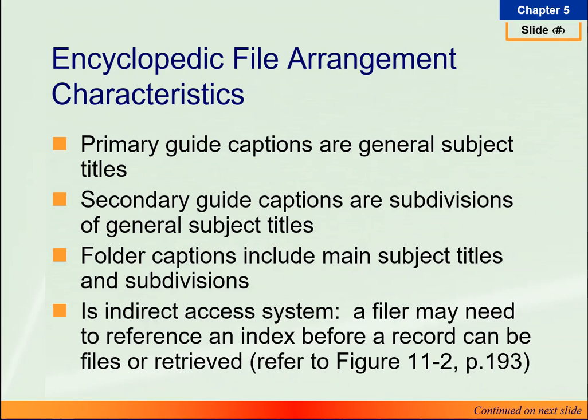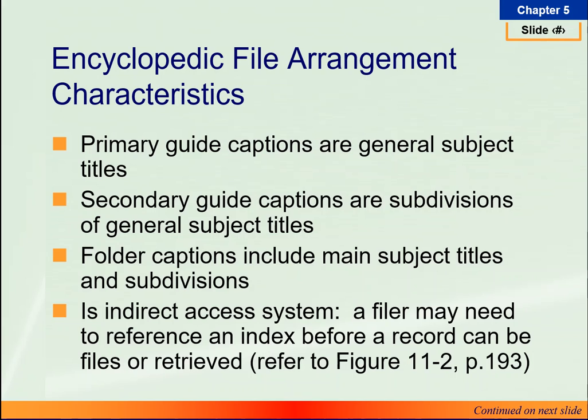So what are the characteristics of this one? Primary guide captions are general subject titles. The primary guide is the black one. The secondary guide captions are subdivisions of general subject titles. In dictionary we only have two, primary and secondary, but in encyclopedic we are going to have a third one.